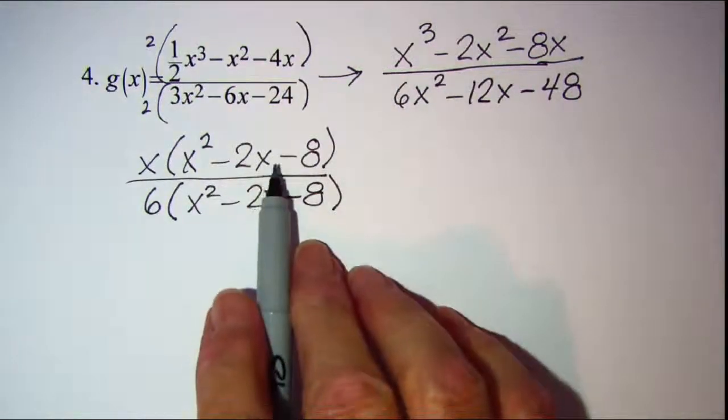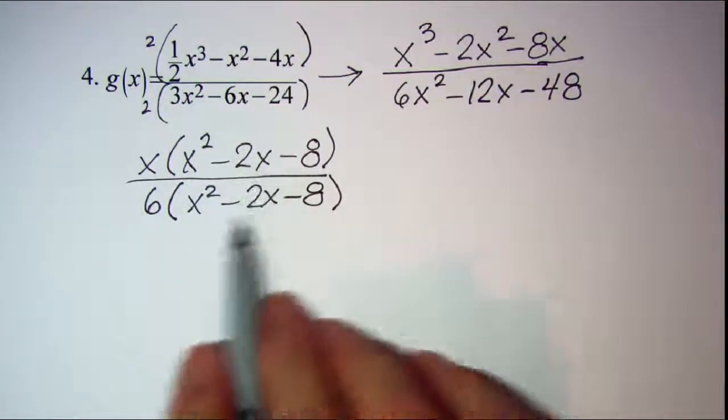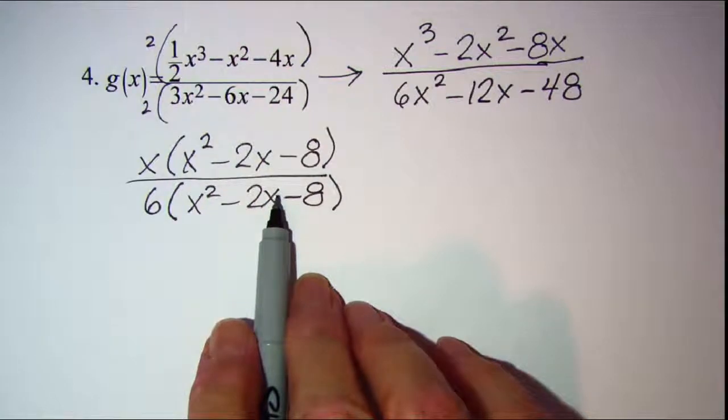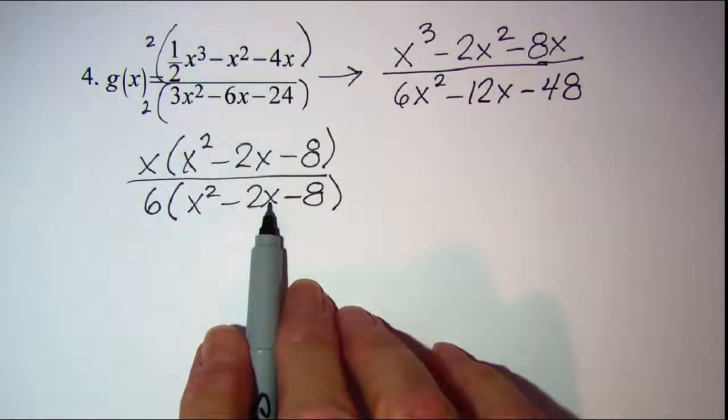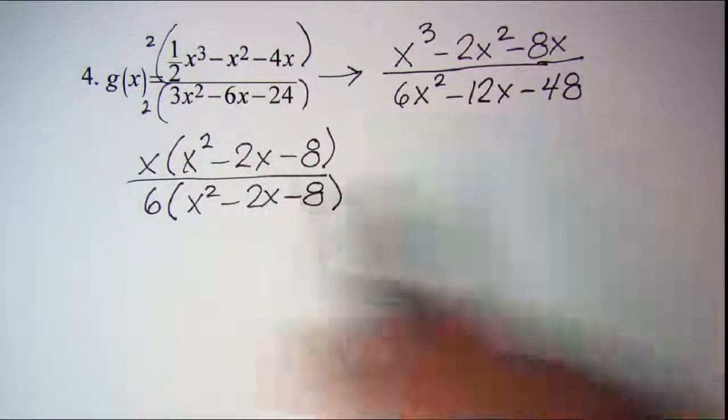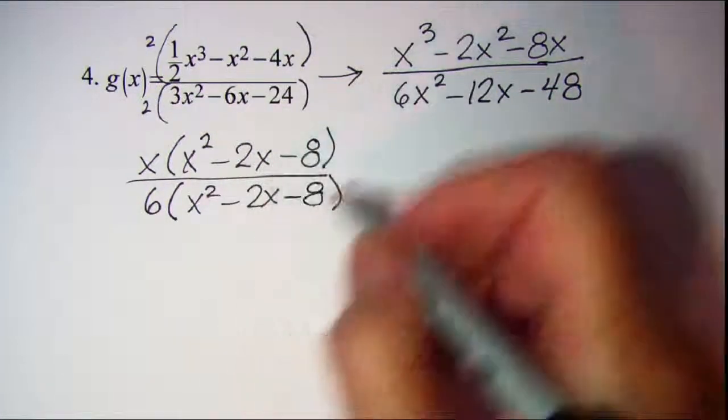Now at this point you would be tempted to cancel these off, but we need to go ahead and continue to factor so that we can find the holes, since these would cancel off.